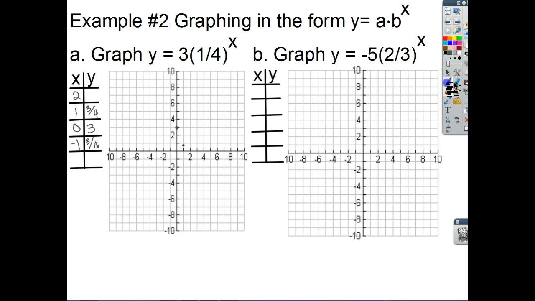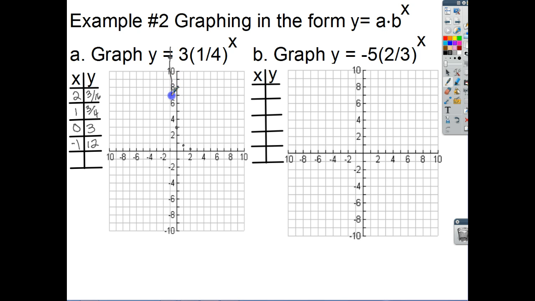Okay, let's go back to that one, and when we put in 2, we get 3/16. Okay, I've got this wrong. Let me correct that. All right, erase this. And -1 was the 12. So -1 was up here at 12, and 2, it's at 3/16, which is going to be very, very low here. So we have enough points here to go ahead and graph this.